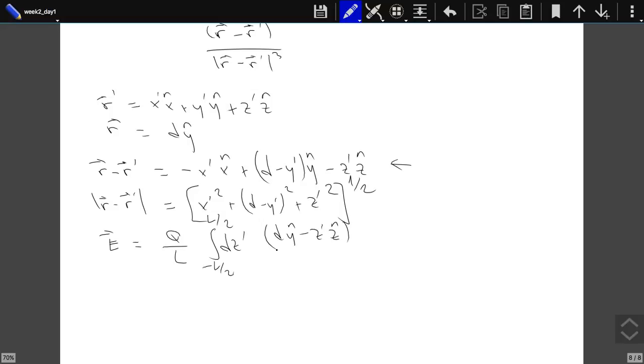This is the r minus r prime vector when I put x prime and y prime equal to 0, divided by d squared plus z prime squared to the power 3 halves.